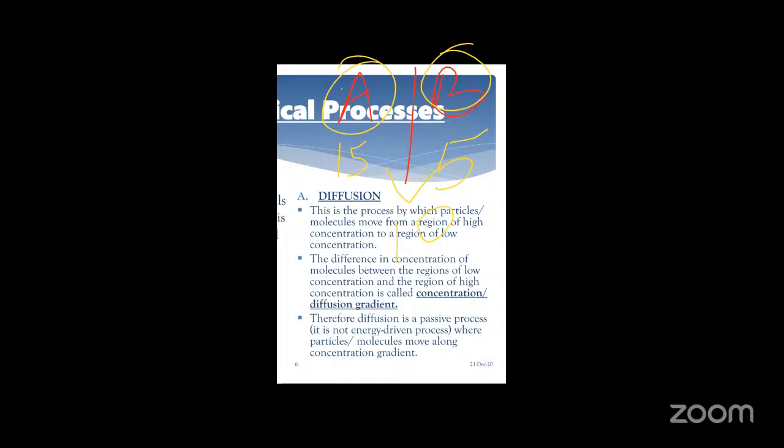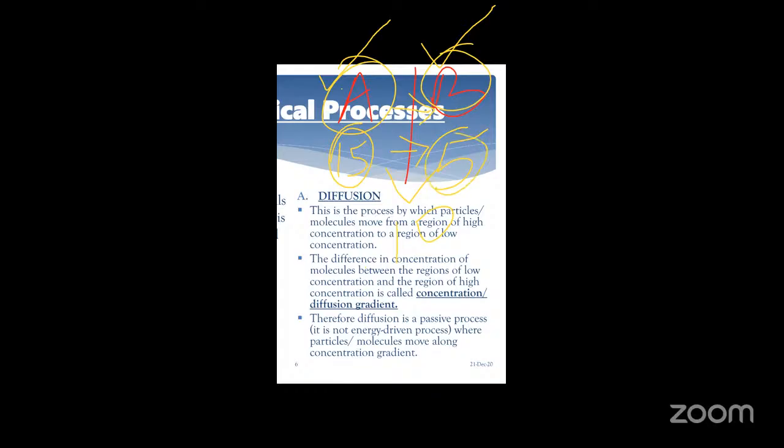So therefore, automatically, which is the highest, the region with high concentration? The region with high concentration becomes region A. The region with low concentration becomes region B. So therefore, we will have molecules moving from region A to region B because region A is more highly concentrated than region B.